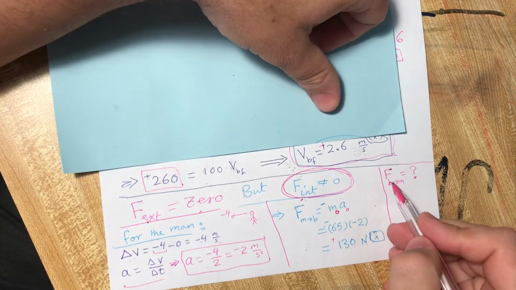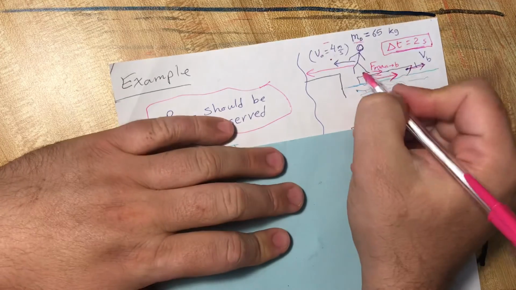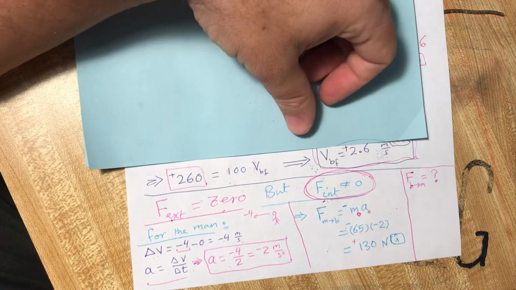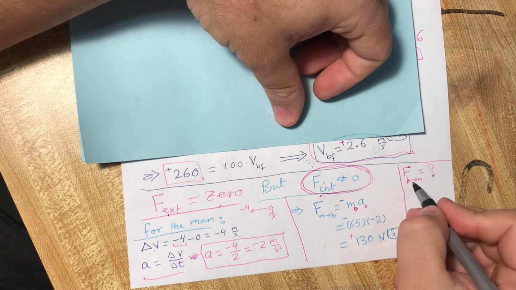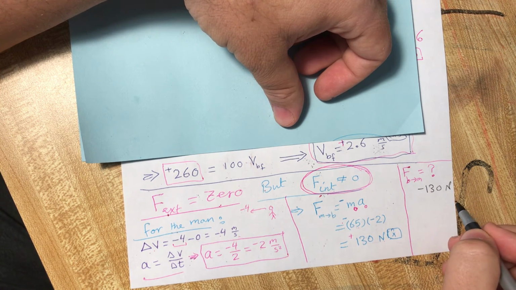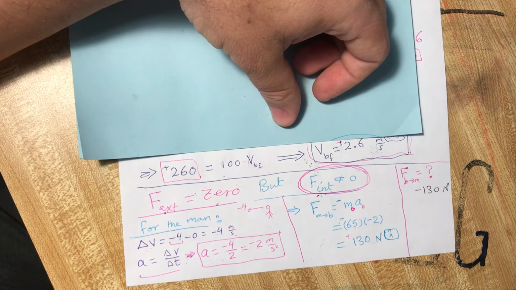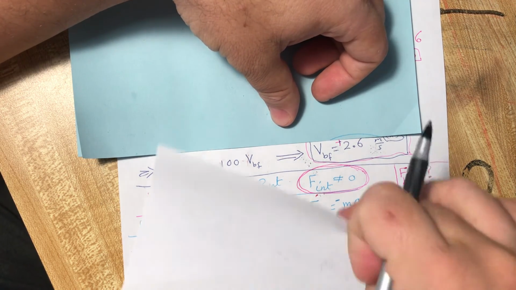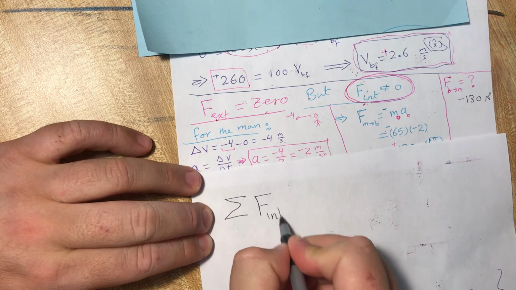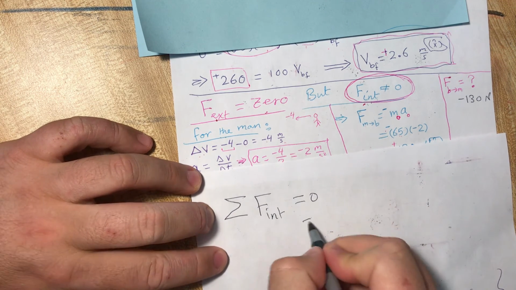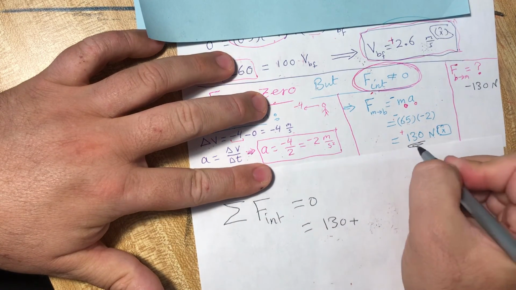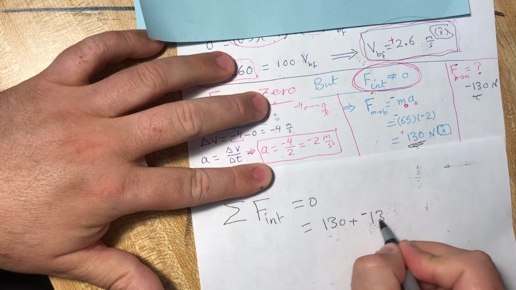I need to ask, what is the force from the boat on the man in the opposite direction? Remember Newton's third law? From that you can be sure that the force is negative 130 newtons. So if we know that, we can be sure that the summation of the internal forces is equal to 0, which is 130 plus negative 130, equal to 0.